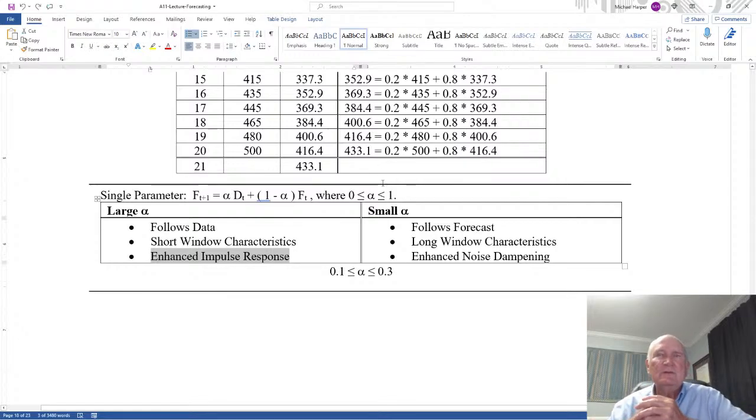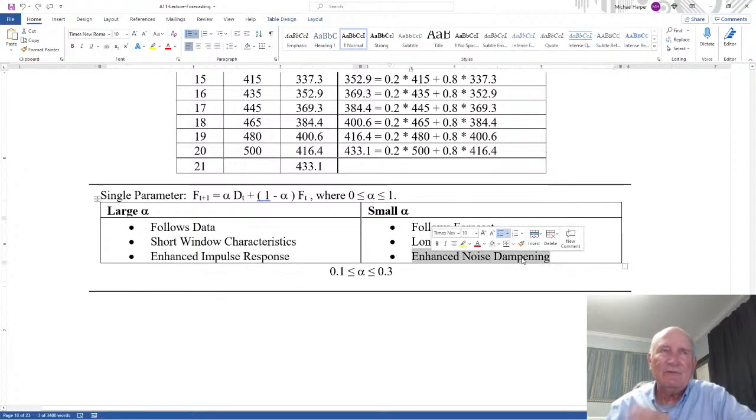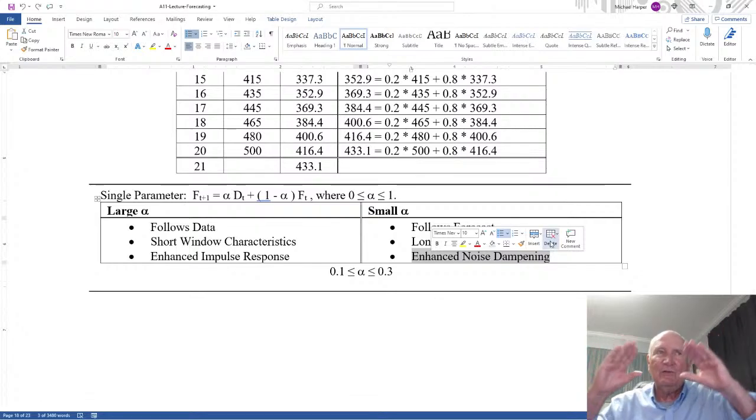In other words, suppose your tracking signal was 0. It's perfect. There's no bias. Okay, so if there's no bias, then you want to dampen any kind of noise you have. There are no impulses, because there's no bias. You want to dampen all that noise.